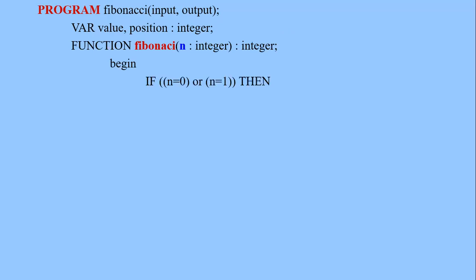Then I have the begin. Check what is received and stored in the memory location called n. Is the content of memory location called n equal to 0 or equal to 1? If yes, return the value of n.